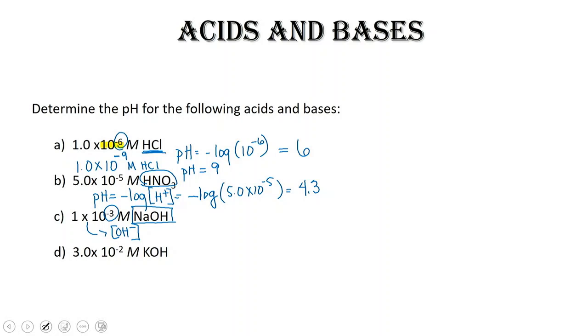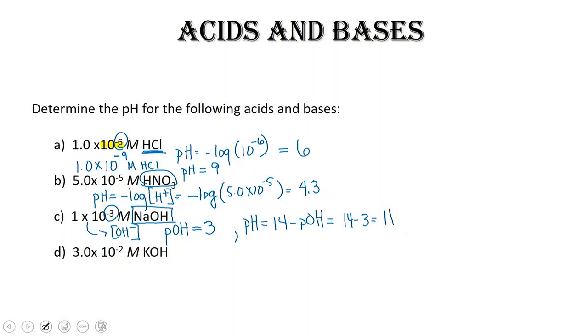So what we have here is the power of OH. So I can say that the pOH is equal to 3. And to determine the pH, it's going to be 14 minus the pOH. So we get 14 minus 3, and the pH is 11.